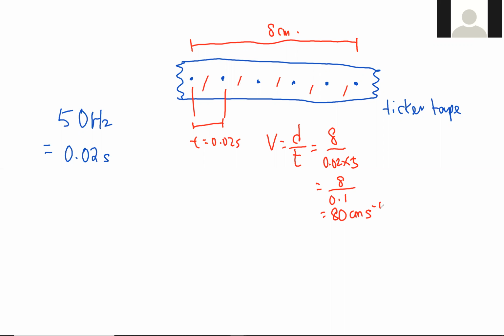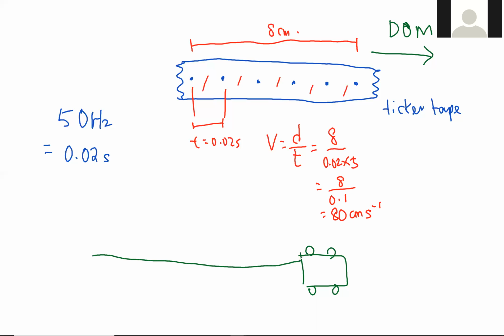All right, now there is something very important I want to highlight here. You have to pay attention to the direction of motion. Because if I just give you a ticker tape, you don't know which one is the first dot and which one is the last dot. You have to look at the direction of motion. If I write my direction of motion is to the right, imagine I am looking from above, this is my trolley, and my ticker tape is at the back. I'm going here, right? So if I'm going here, meaning that the first dot is on the right side.